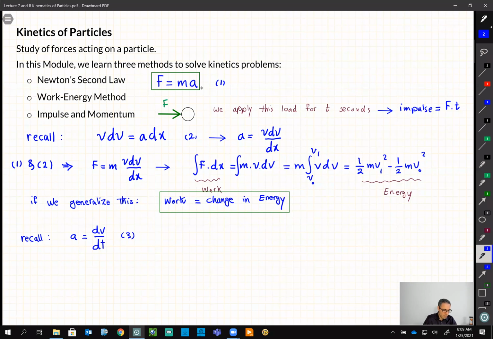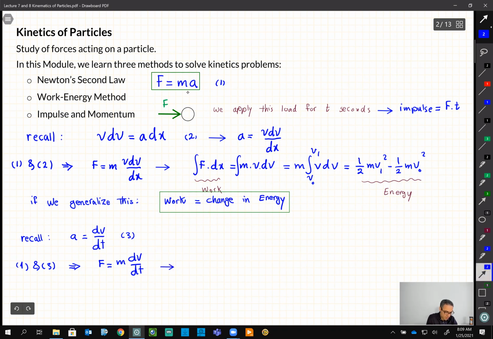All right. So now let's substitute this A in formula 1. So from formula 1 and formula 3, what do I get? F equal to m dv divided by dt. And let's simplify it one more step. We get F multiplied by dt equal m dv.